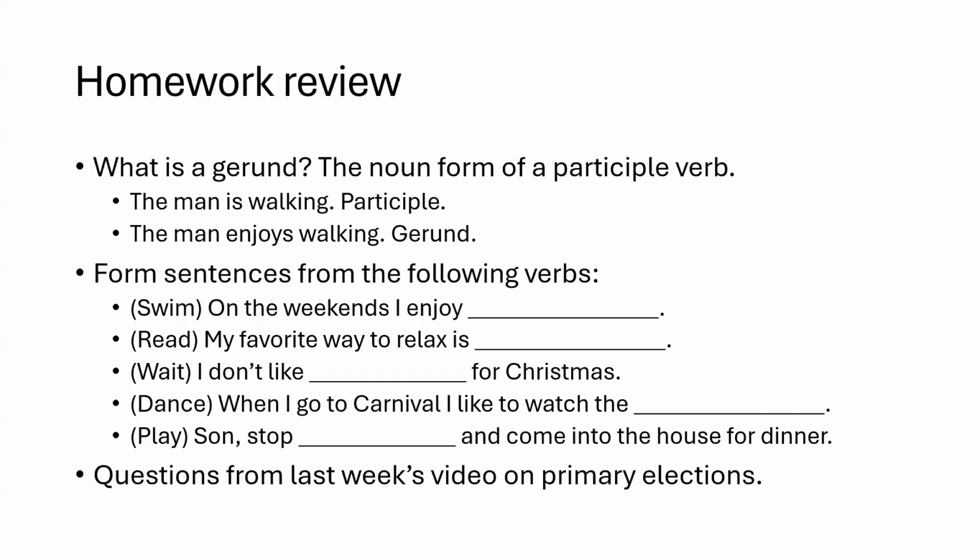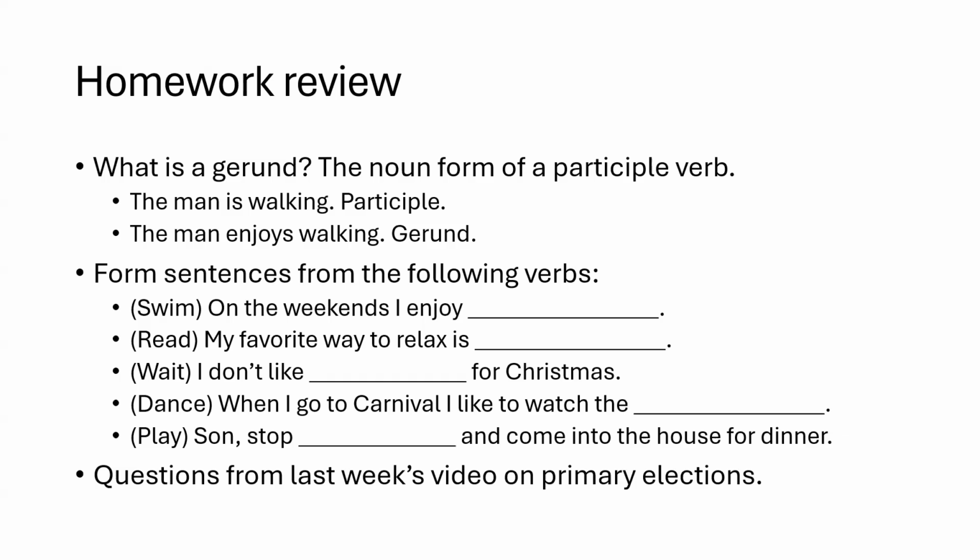It is using the continuous present walking. When we talk about the noun of that verb, walking, it's a gerund. The man enjoys walking. We're talking about an action, not as a verb, but as a noun. He enjoys making something. He enjoys cooking. He enjoys running. Those are all nouns that you can enjoy.